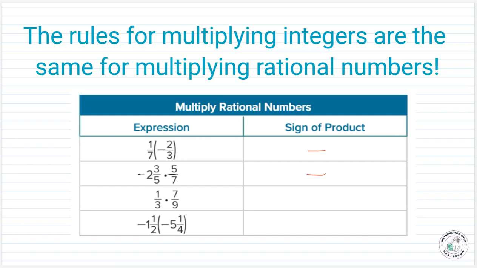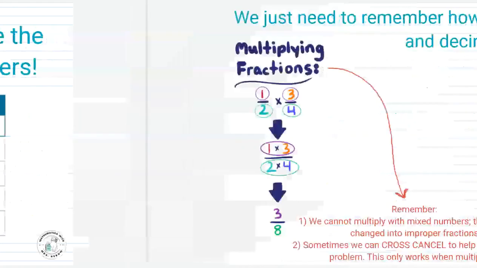Then for our next one here, we have a positive multiplied by a positive. Again, when you have the same sign, you are going to get a positive answer. And for that last one in our table, you can see the same thing. We have a negative times a negative, so this is going to be a positive answer. So those same rules apply for rational numbers. Different signs, negative answer; same sign, positive answer.